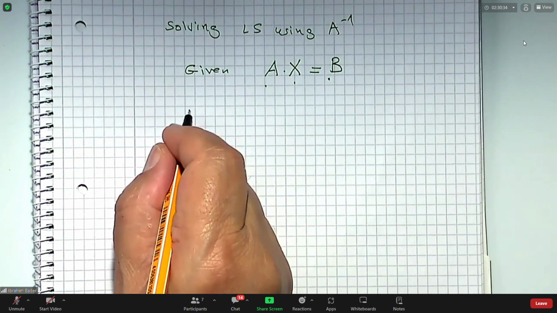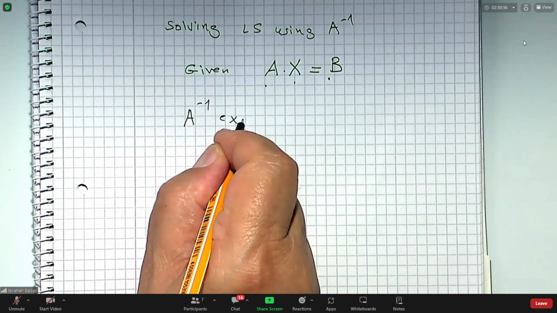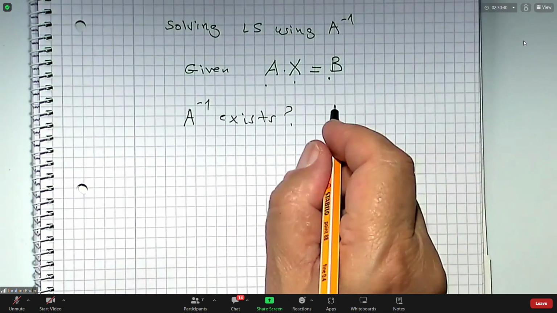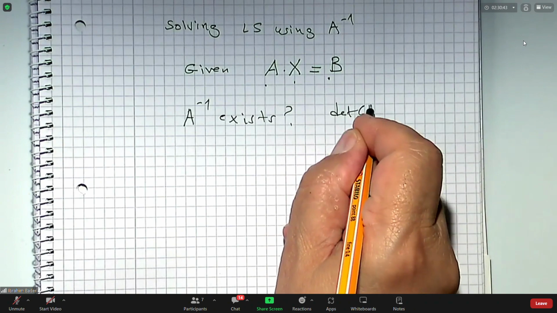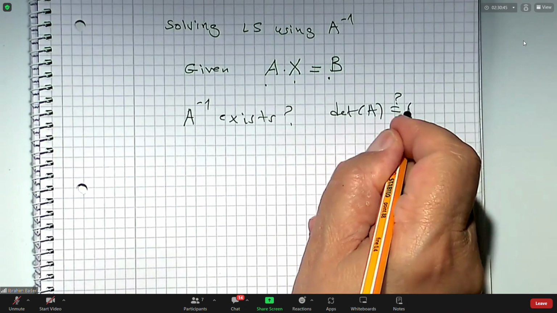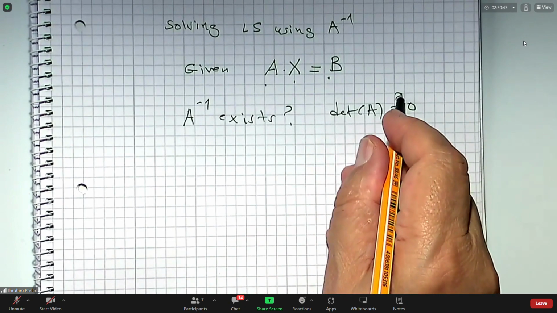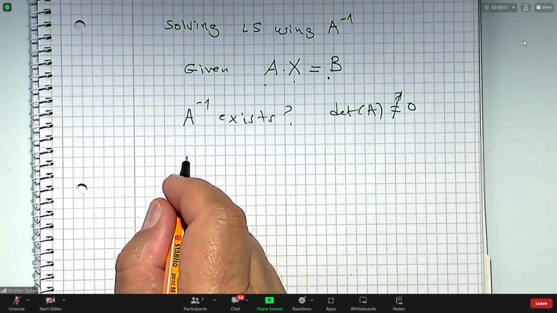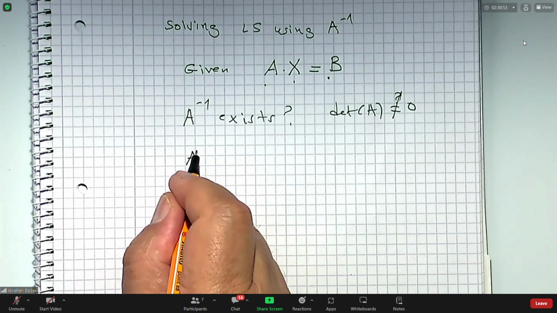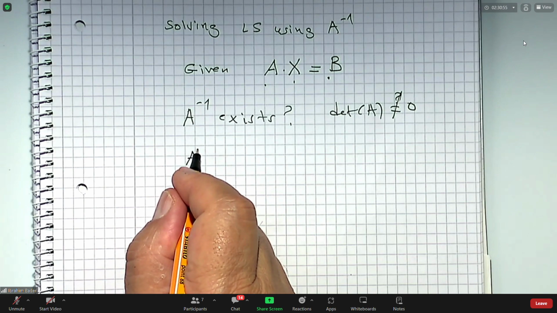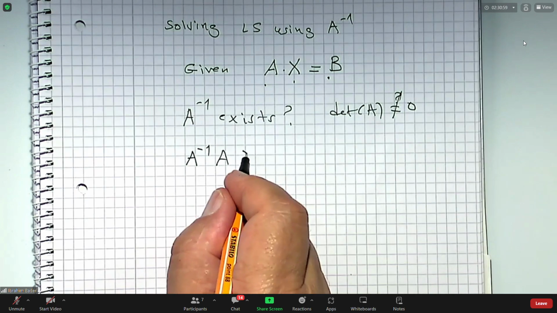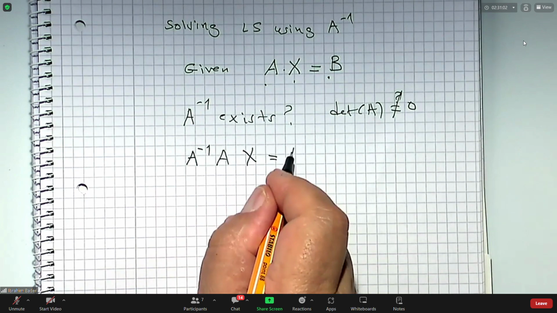Then A inverse, does it exist? And this is, of course, determinant of A. Is it equal to 0? Okay. If it's not equal to 0, then we find the inverse, then A inverse A, we multiply everything with A inverse from the left.